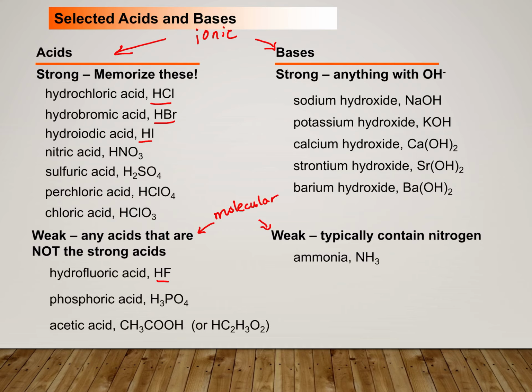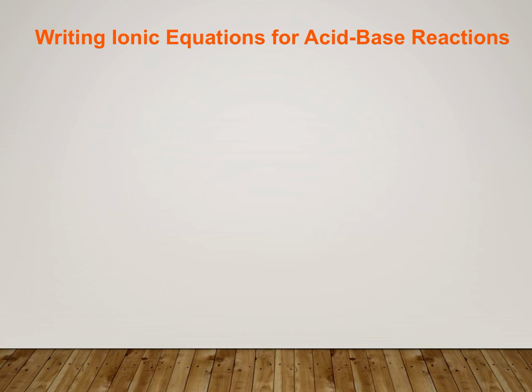So strong acids and bases will ionize completely in water, which is why we treat them like ionic compounds, whereas weak acids and bases don't ionize completely. They might only ionize like 5%, so we will treat them as molecular compounds when we're writing these net ionic equations. So you need to know whether your acid is strong or weak or your base is strong or weak so that you write these reactions correctly.